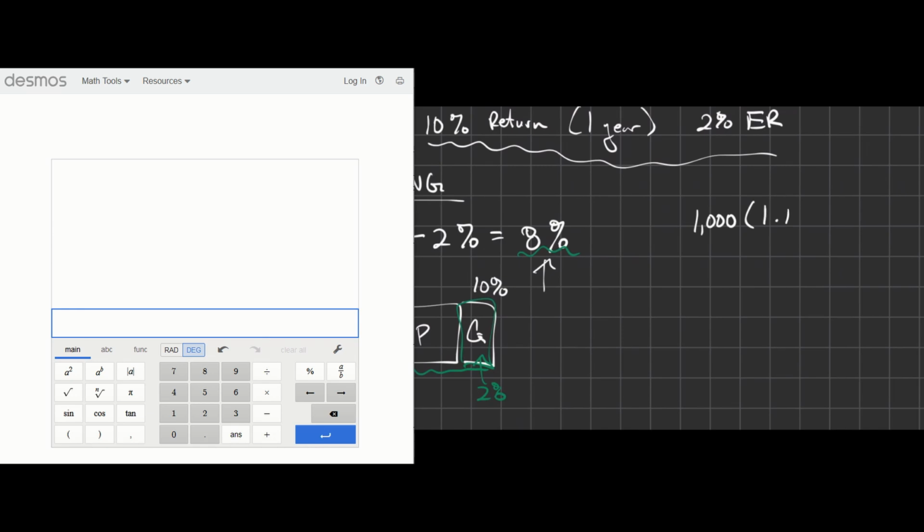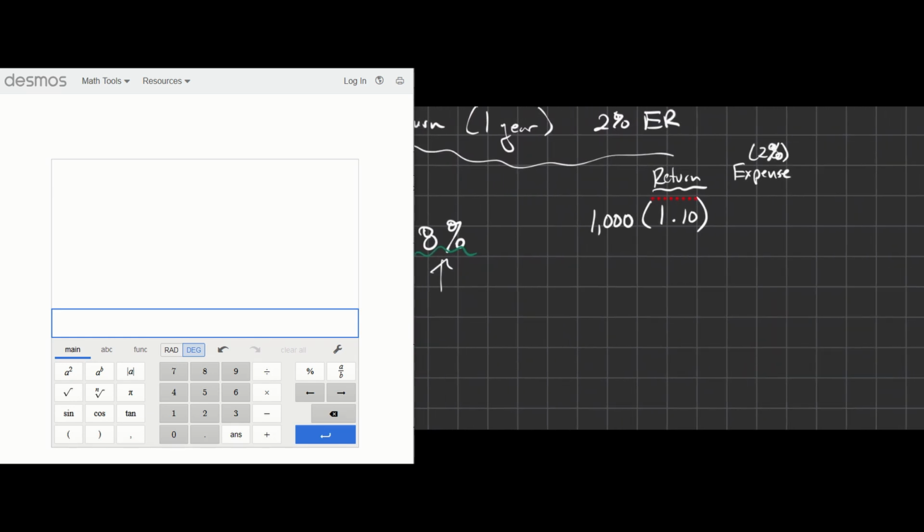The way you would do that is you multiply that times 1.10. So this is the return. Now, the way you can calculate the expense, remember this is a 2% expense, so you're going to keep 98% of whatever's in there.